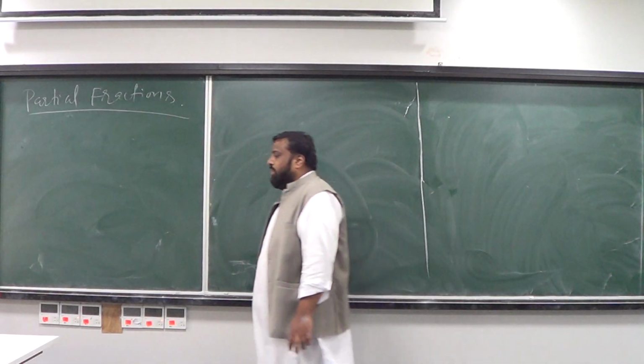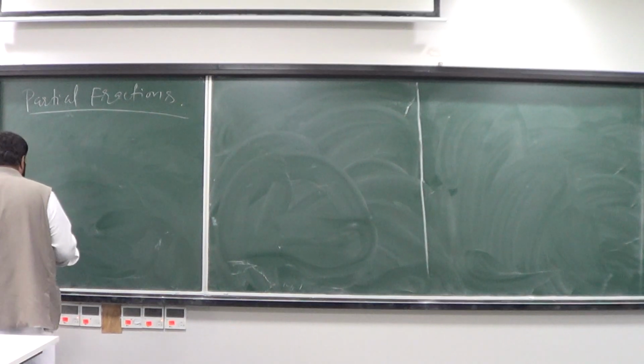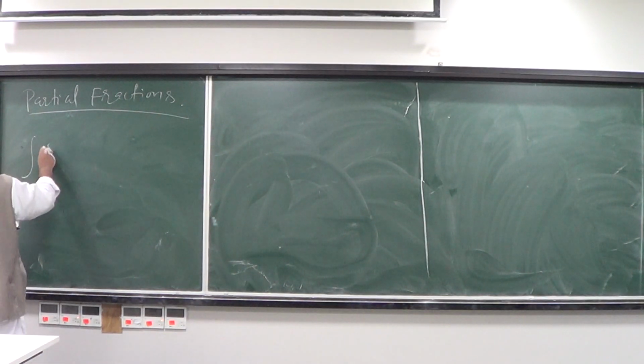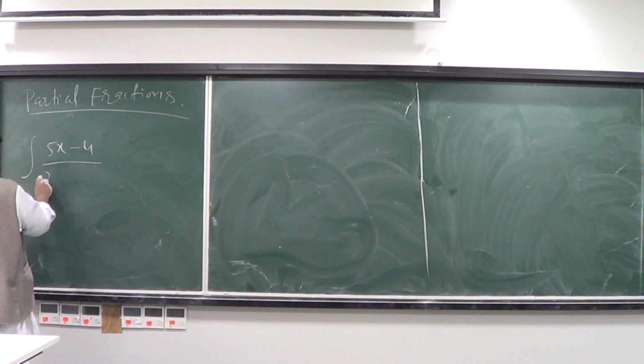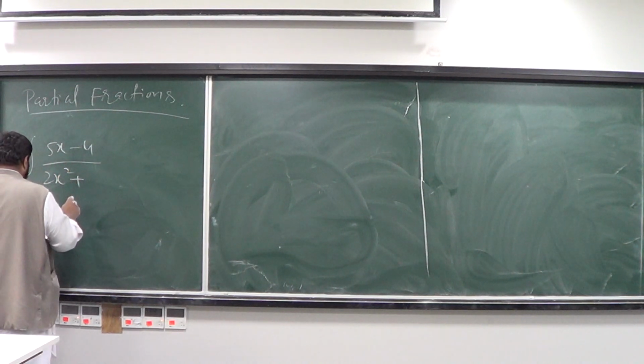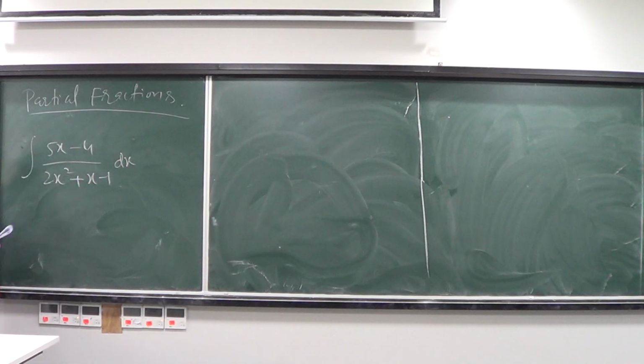For example, imagine you have this integral: 5x minus 4 divided by 2x squared plus x minus 1 dx. So how do we solve such an integral?